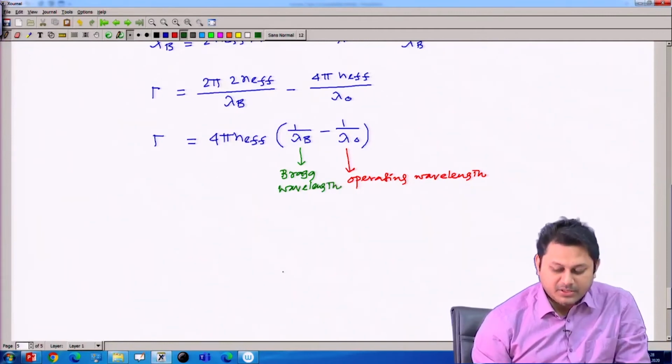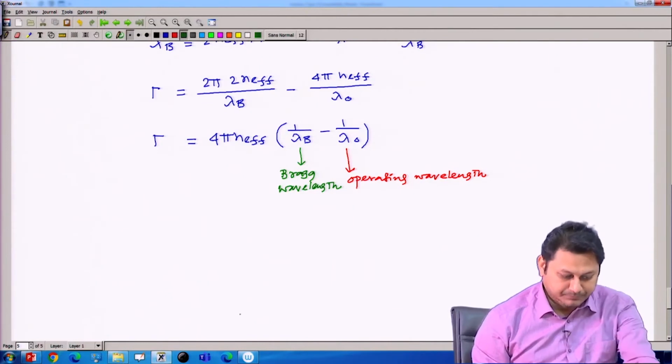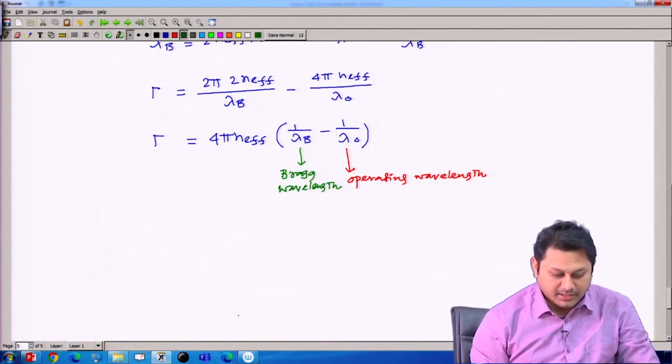So in terms of these, I can now have the value of gamma.